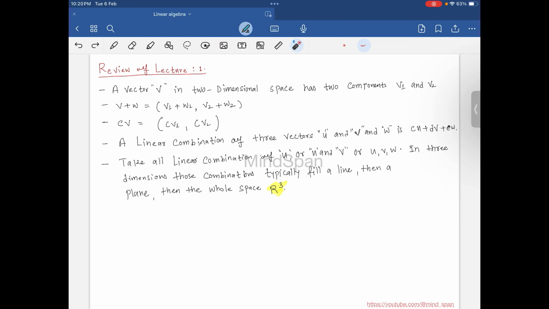Similarly, if I ask for a vector from four-dimensional space, then you will say that it will have four components, right? Similarly, if I ask you to give me a vector that belongs to n-dimensional space, then it will have n components, because to specify a vector from n-dimensional space we need n components to specify that particular vector.